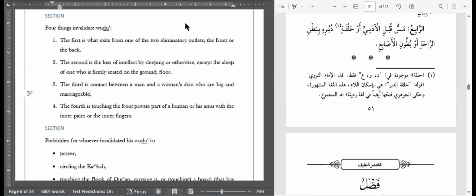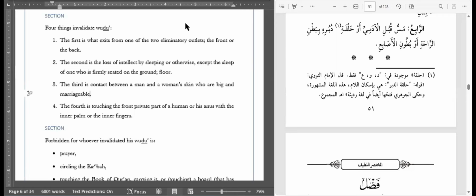Yeah, I have two. Okay. You said that breaking wudu by touching the anus is specifically the hole. Yes. Does that include the rim or the inside? Is it only the inside? The rim. Got it.